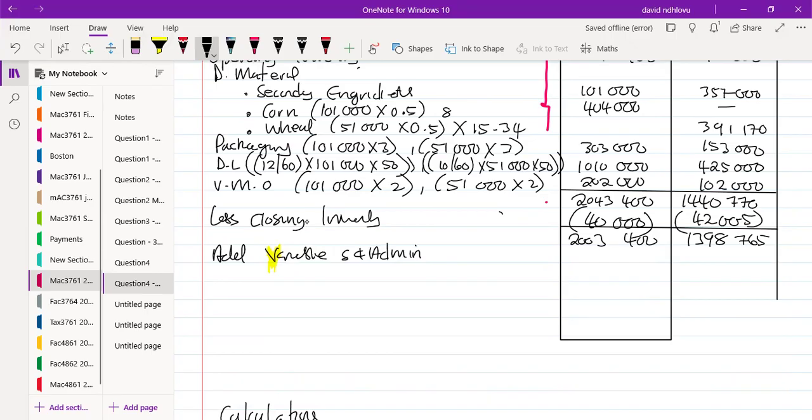This is dependent on the number of units sold. We sold how many units, by the way? 150,000. Anything that says variable selling costs, you must multiply that by the number of units sold, not produced.